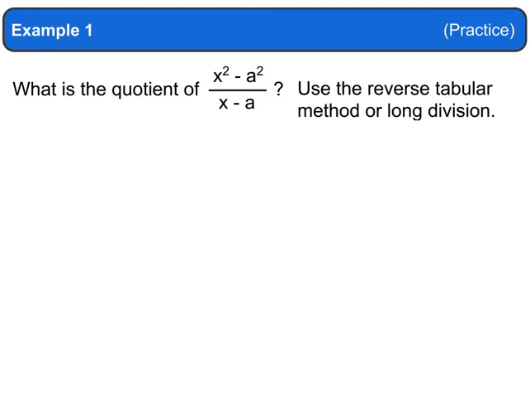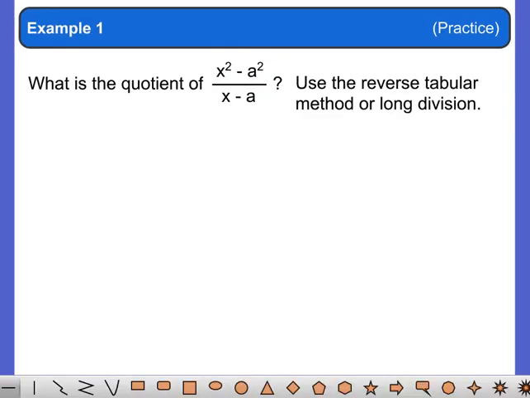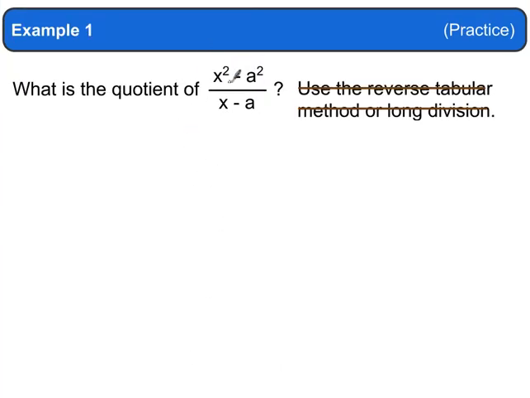That takes us to example number 1. What is the quotient of this one? We're not going to use reverse tabular here, so again, we'll just draw a line through this. We're not going to focus on that. We're just looking at those identities and recognizing them and taking advantage. So we see that this is a difference of squares.